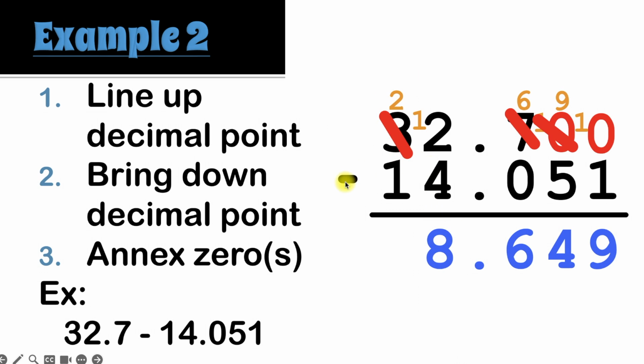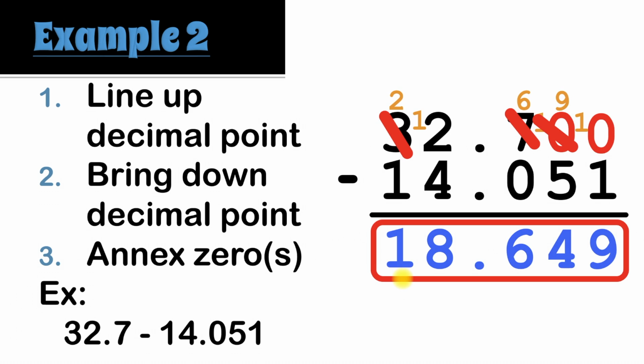And 2 minus 1 equals 1. Making our final answer 18.649. Properly read as 18 and 649 thousandths.